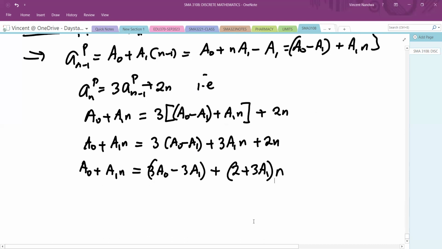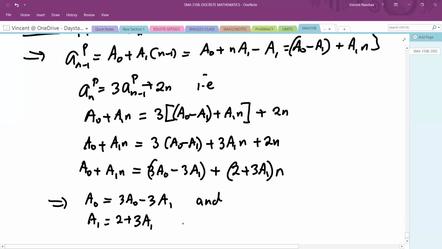And for us to claim that this equality is a true statement, this means that constants on either side should be the same, and coefficients of n must also be the same. So from this, we have minus 2a1 equals 2, which means a1 equals minus 1.